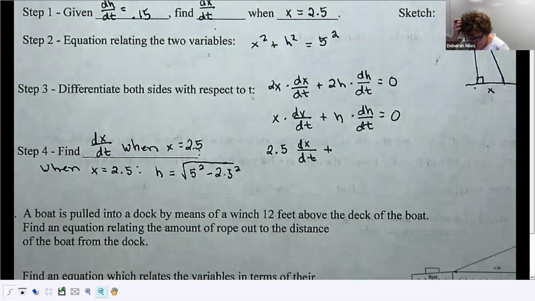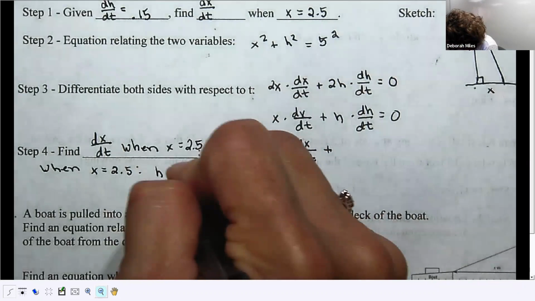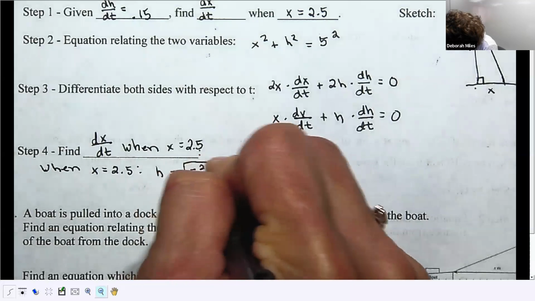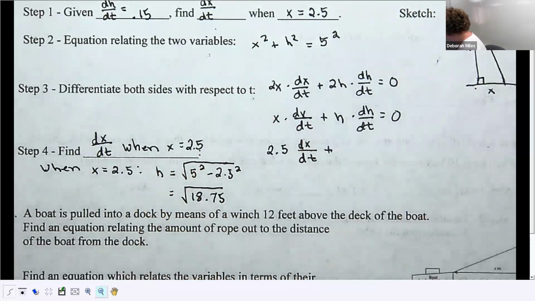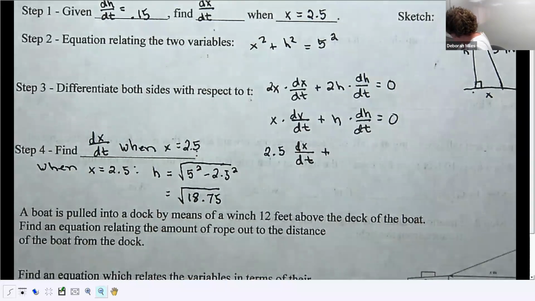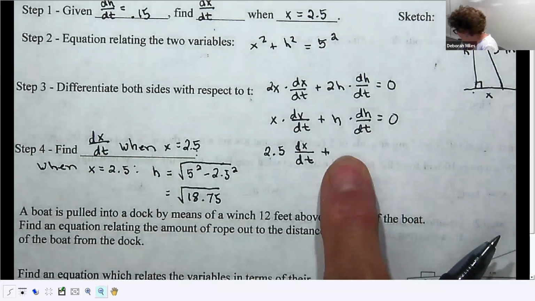And I have punched that already. That's the square root of 18.75. I don't want to get a decimal approximation until I'm finished. So as an exact value, I'm just going to leave it square root of 18.75. And that's what I need to plug into h right here.